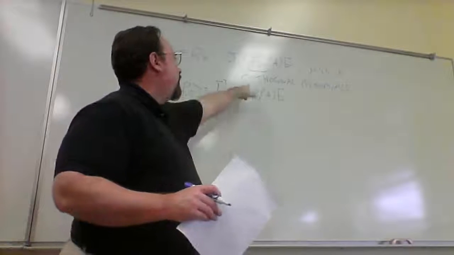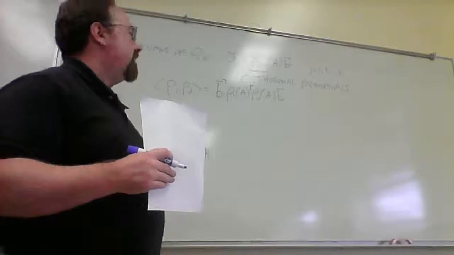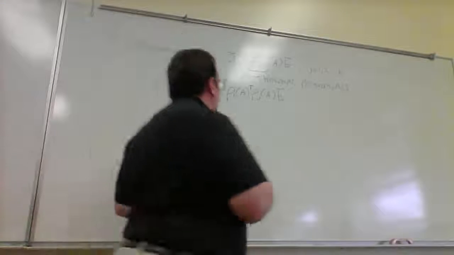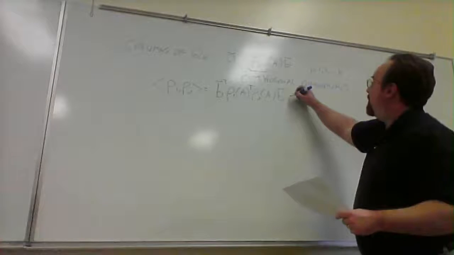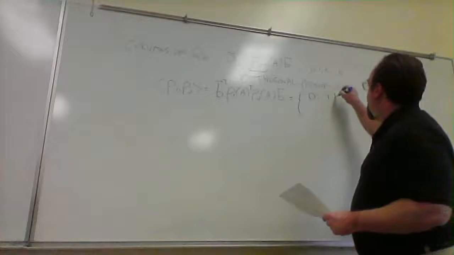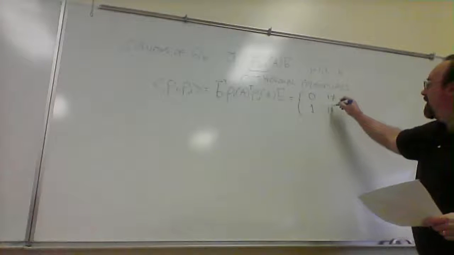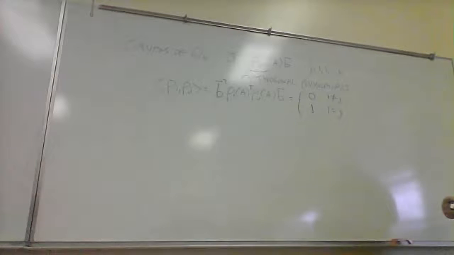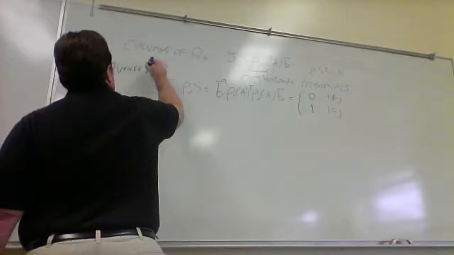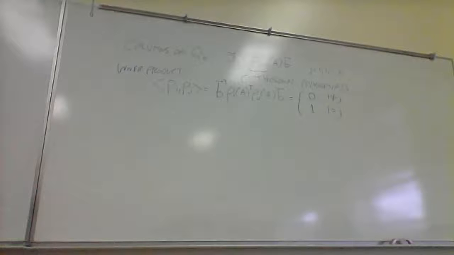Note that I would normally have a transpose here. In fact, I can go ahead and put one in here. It's not necessary because A is symmetric. By saying these are orthogonal, they're equal to 0 if i is not equal to j. And they have to be orthonormal, so the inner product is 1 if they are equal. Okay, so that's my inner product of these functions, these polynomials.